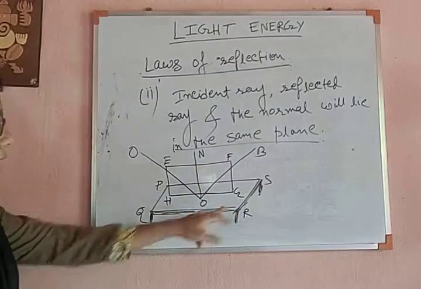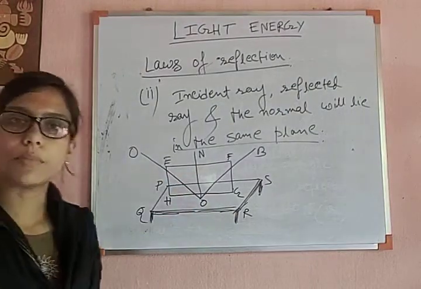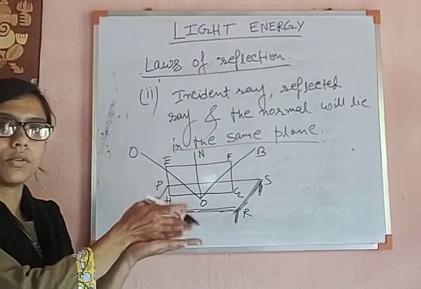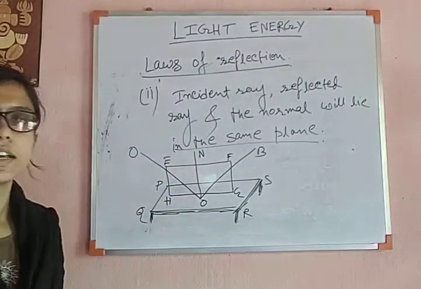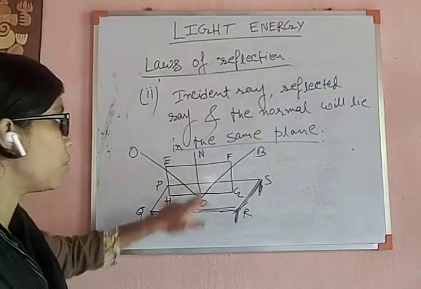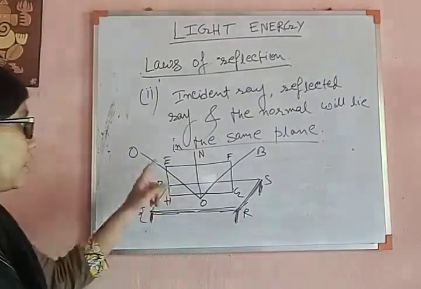So PQRS and EFGH are perpendicular to each other. This is PQRS, and this perpendicular one is EFGH. So OA, OB and ON lie in the plane EFGH.